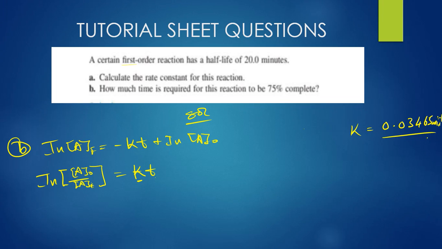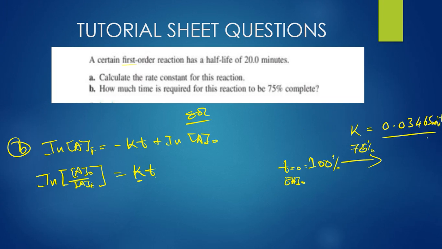Now here, the way the question is saying, at time t equal to 0, we're having 100 percent. So this 100% you are seeing there is the initial concentration. Then it wants 75% completion.